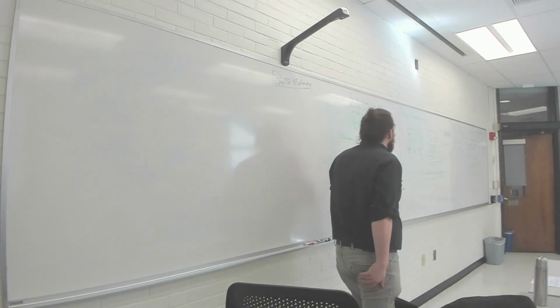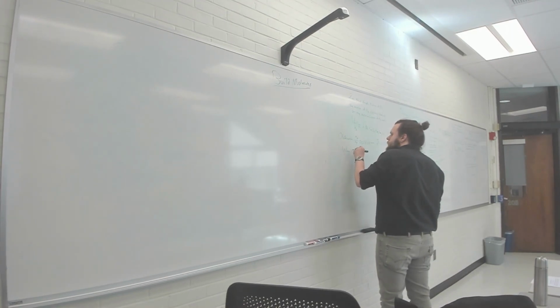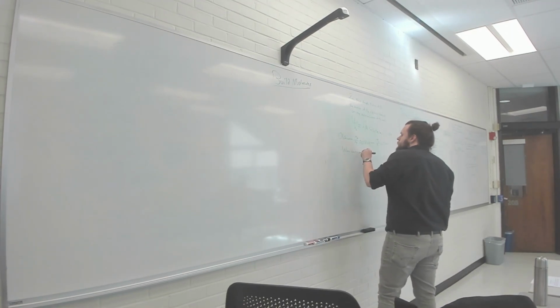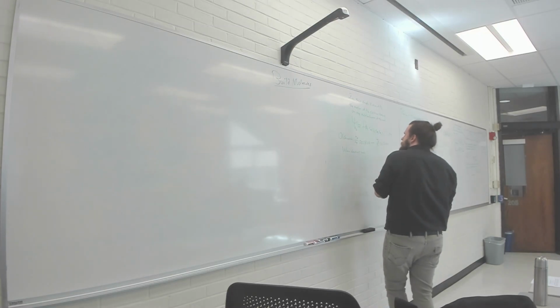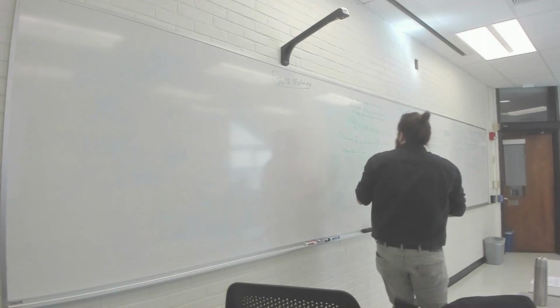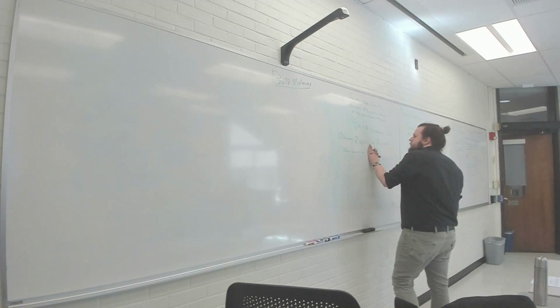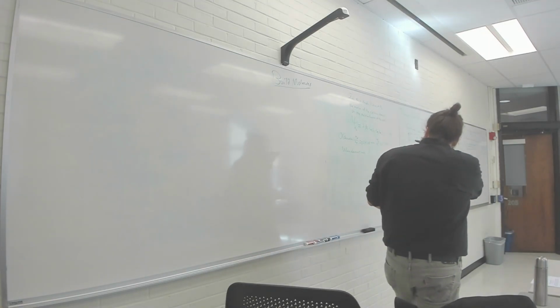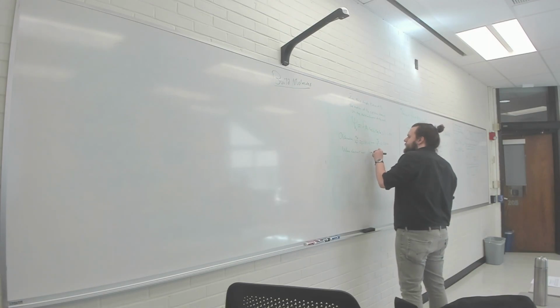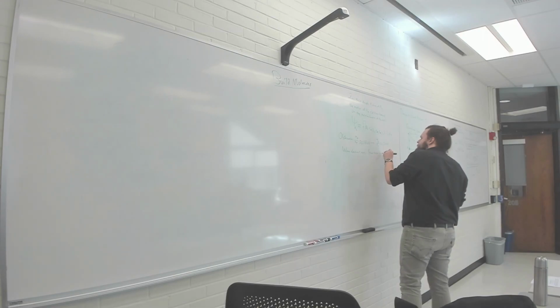So when electrons move, if we measure the time scale at which electrons move from one position to another, they tend to move on a time scale of about a femtosecond or so, or attoseconds, on the order of anywhere between 10 to the minus 18 to 10 to the minus 15 seconds.